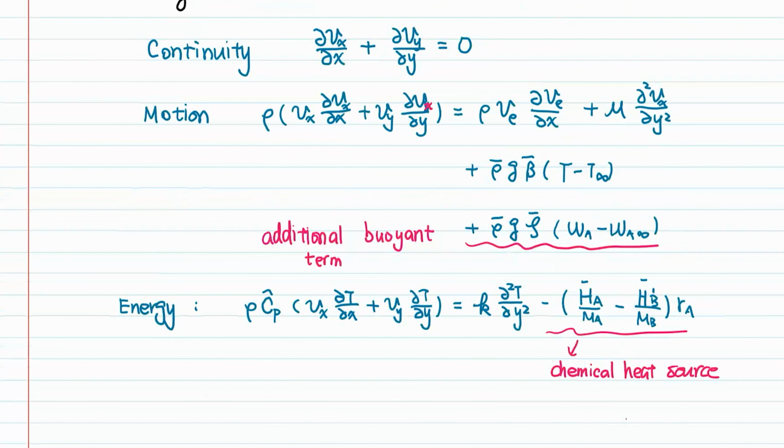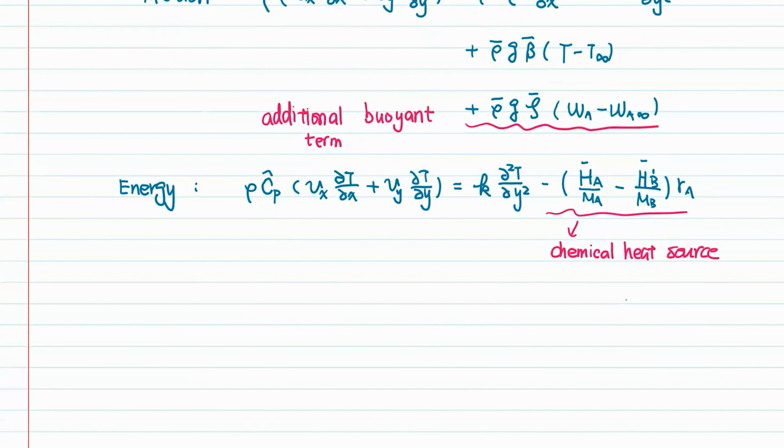Okay, so we have the equation of continuity, equation of motion, and the equation of energy. And finally, for a binary mixture, we also need to look at the continuity of a specific species. So typically we say continuity of species A, which we have, again, on the left-hand side the convective mass transfer or transport.